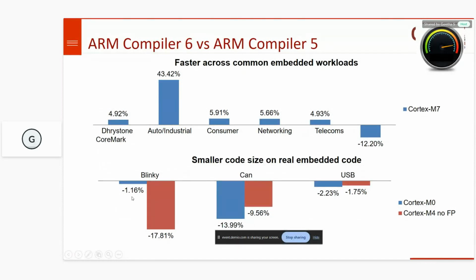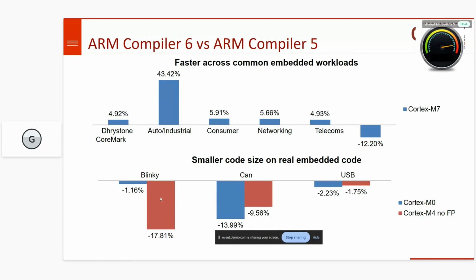Now coming to the benchmarking for compiler 5 on M0, blue color, and the brick red is Cortex-M4, same Blinky application on M0+ and M4, but without floating point unit. M4 has a floating point unit in the processor core, but it is implementation specific, meaning the semiconductor vendor like NXP or ST will decide whether the floating point unit has to be implemented in the processor core or not.